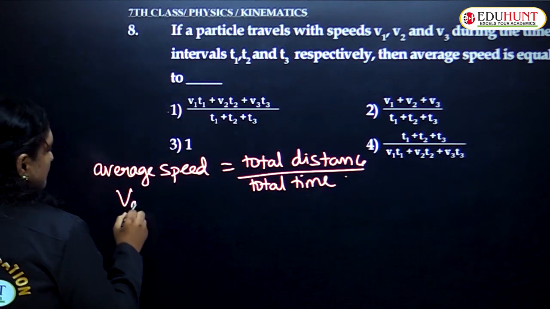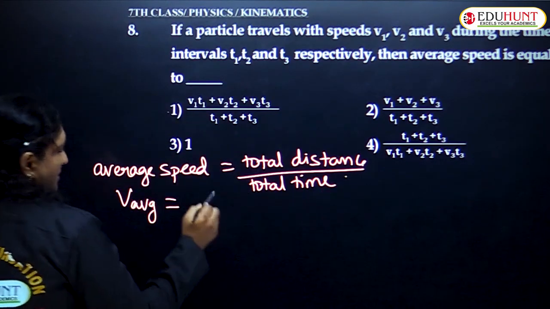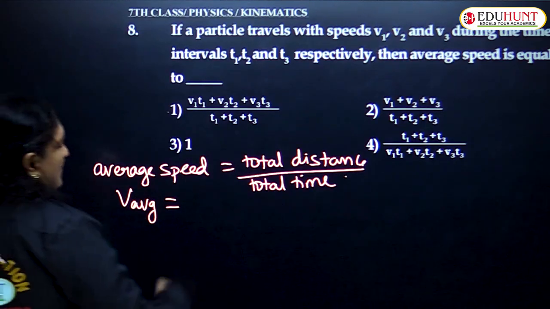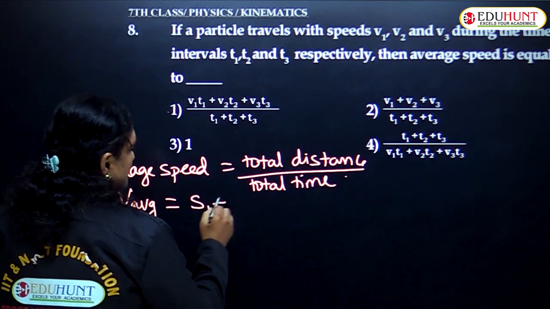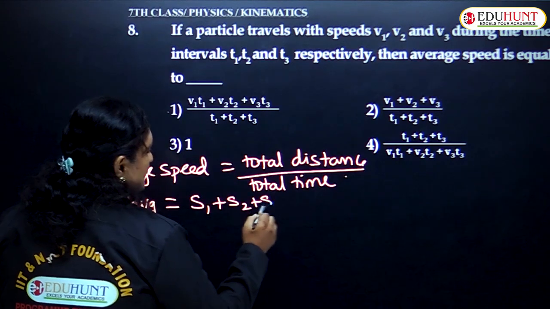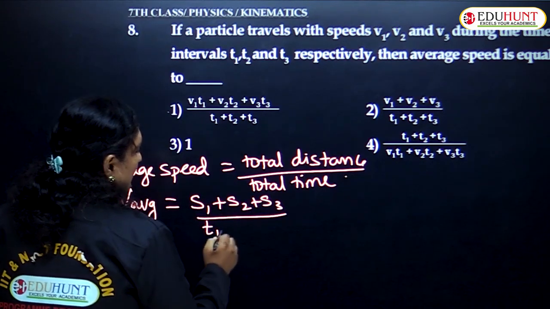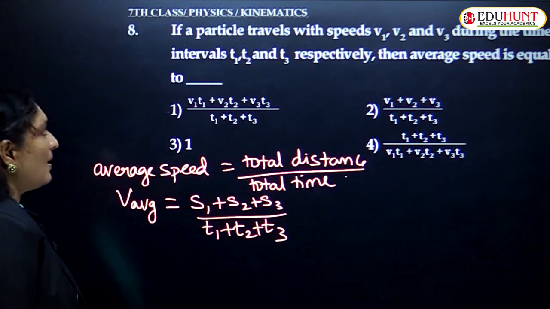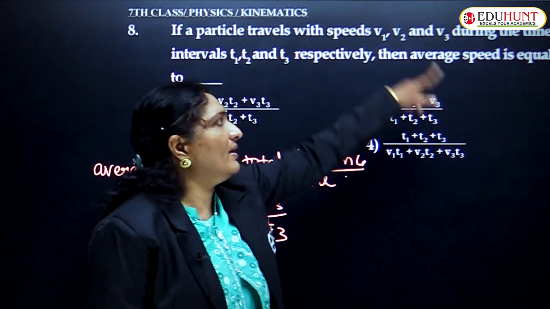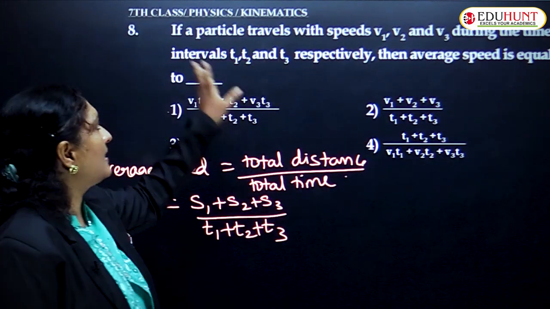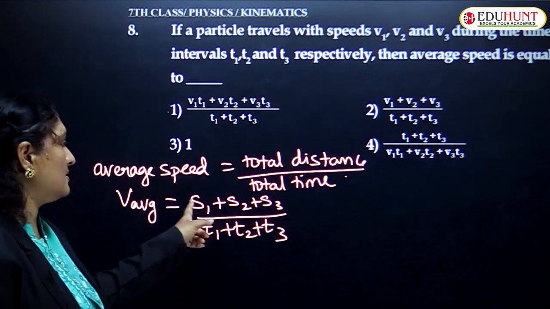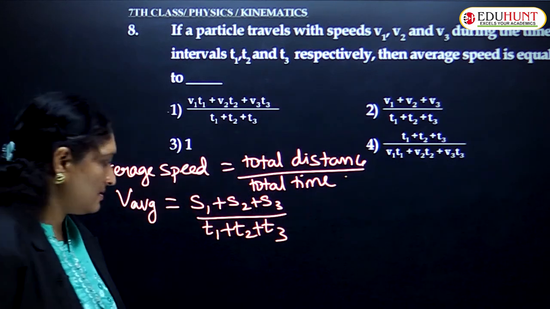Average speed, symbolically V average, equals to how many distances? 3 different distances. So S1 plus S2 plus S3 upon T1 plus T2 plus T3. In the above question, speeds were given as V1, V2, V3 and time was given as T1, T2, T3. But nowhere have they given the value of distances.